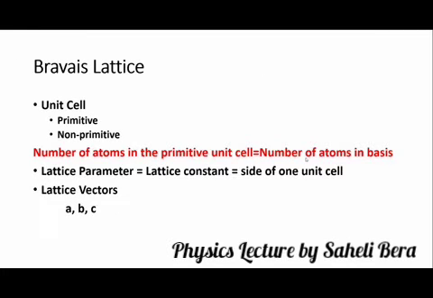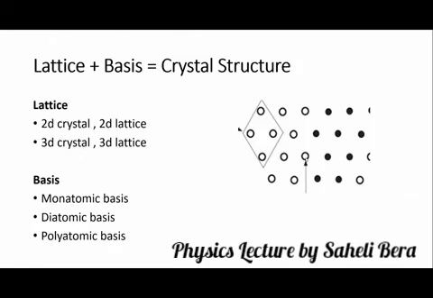Now a lattice will be a Bravais lattice or the space lattice if each lattice point has identical surroundings. It means if we consider this lattice point, it has one atom on this side, this side, and this side. There are all 6 sides.